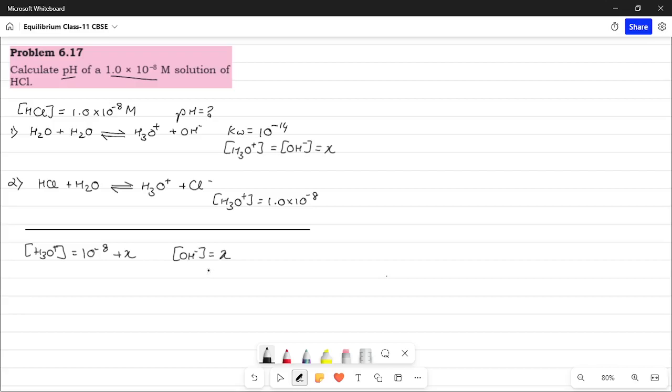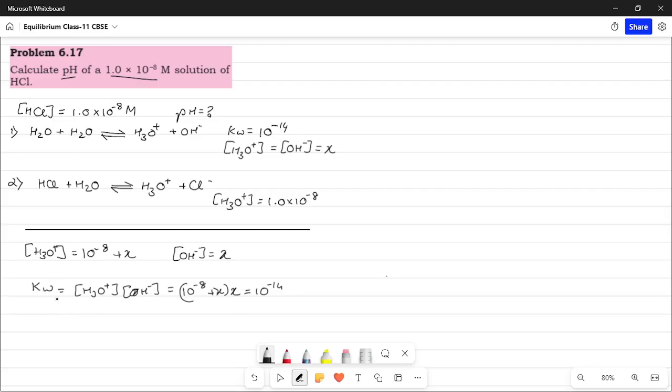Now, what we'll do is figure out Kw. Kw equals the concentration of H3O plus into the concentration of OH minus. So we'll get 10 to the power minus 8 plus X, into X, equals 10 to the power minus 14.